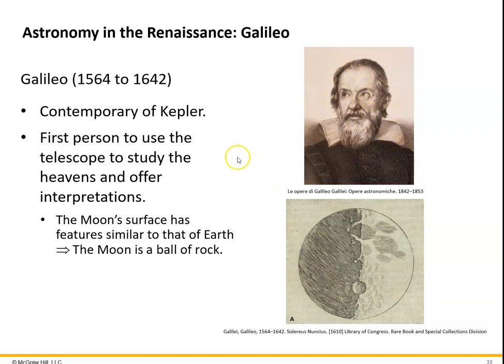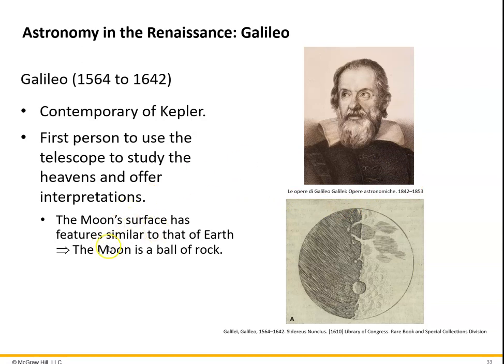The telescope he builds is really primitive in comparison with modern ones. If you have a pair of binoculars, more than likely it is more powerful than Galileo's telescope. However, being the first one to look into the night sky with a telescope, he makes all sorts of discoveries that are not available to the human eye.